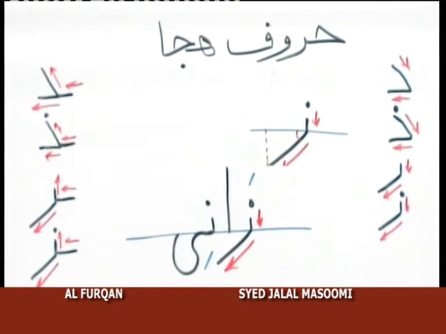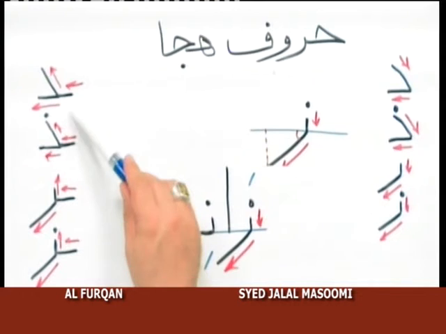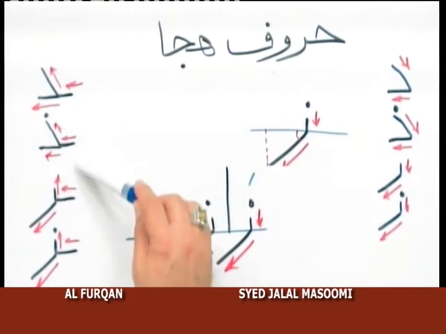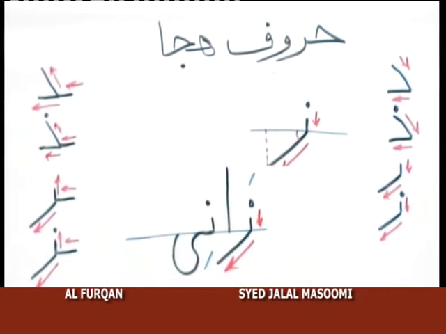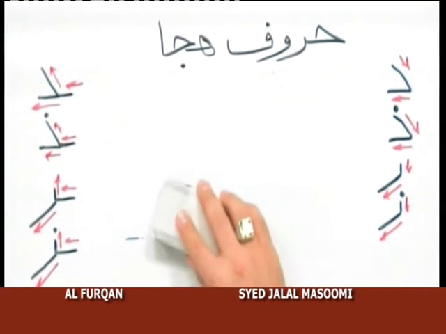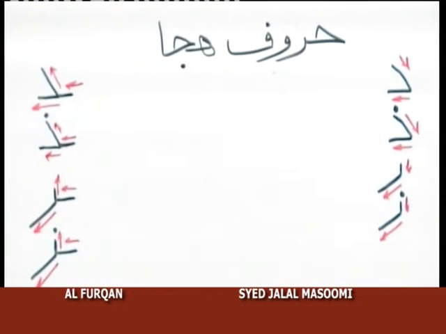Right now I'm going to write examples for the letters Dal, Dhal, Ra, Zai in the middle of the words. Of course, in the middle, dear viewers, you will find this type of forms: Dal, Dhal, Ra, and Zai. One thing that's really important you have to know for this group of letters, dear viewers, is that these letters don't join or connect to the letter after them.